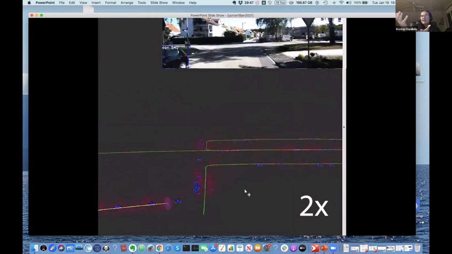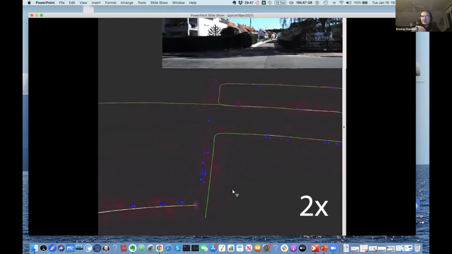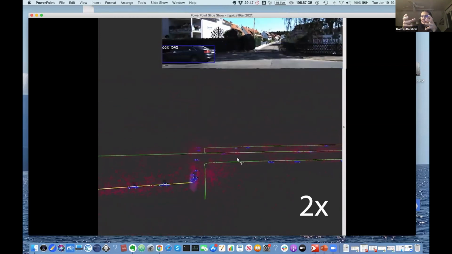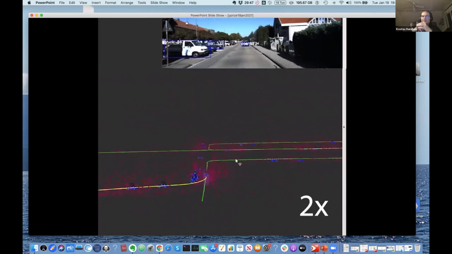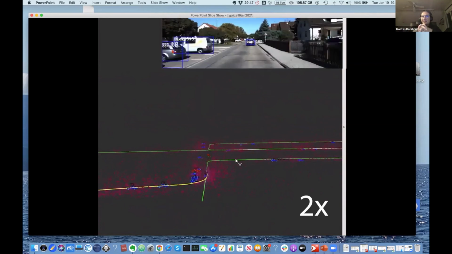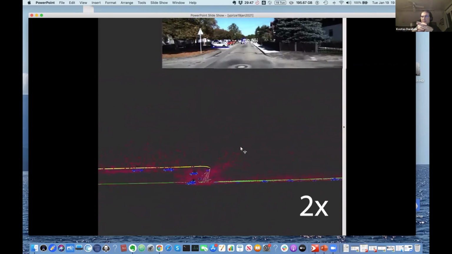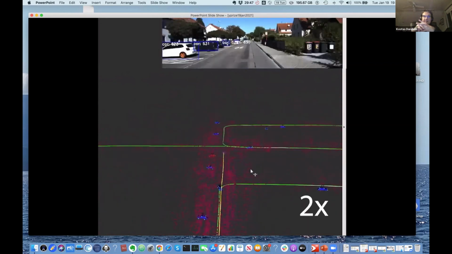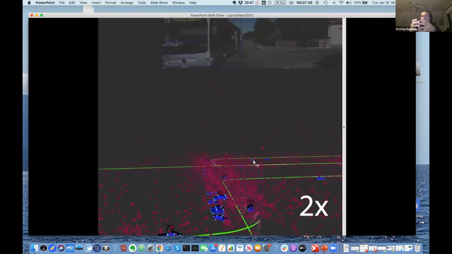But right now it runs in real time, at 30 frames per second. So as long as you have a portable NVIDIA and a good CPU, not necessarily the one on the Jetson, like the NUC from Intel, it will have no problem.